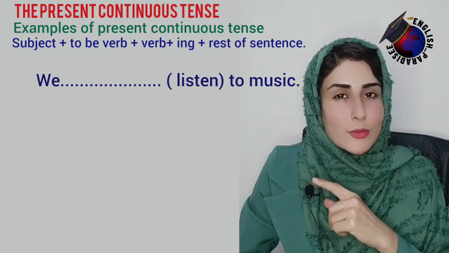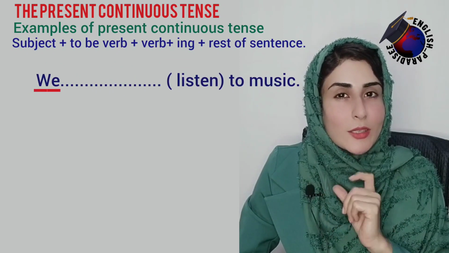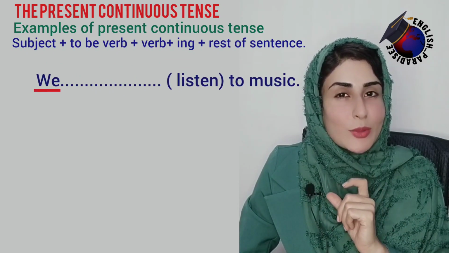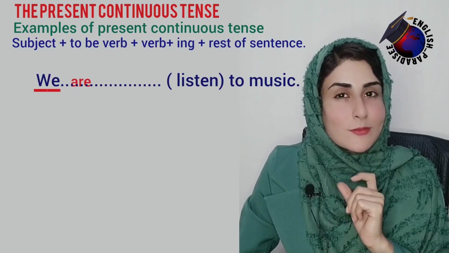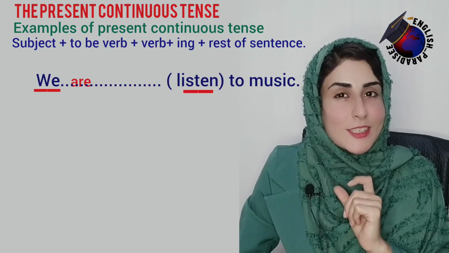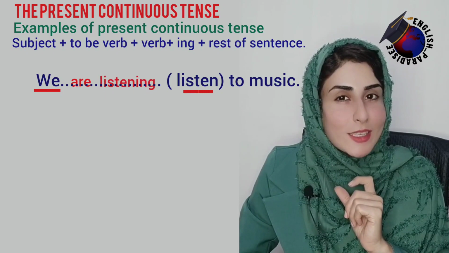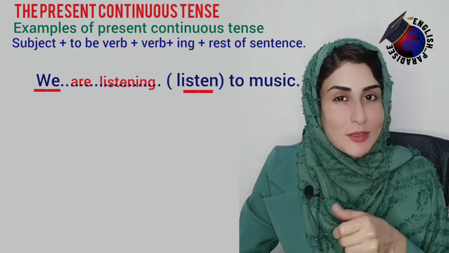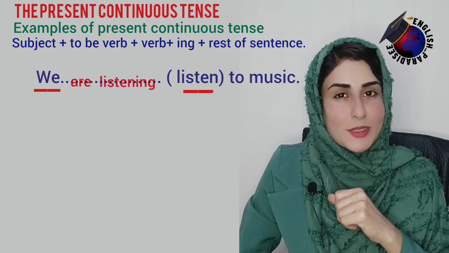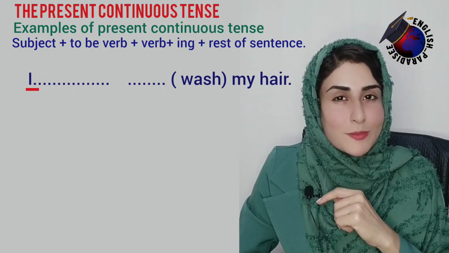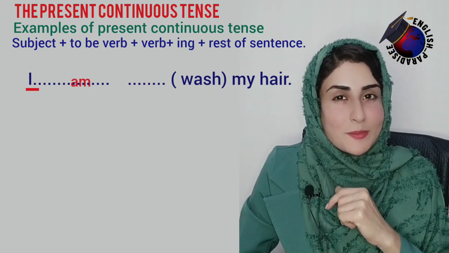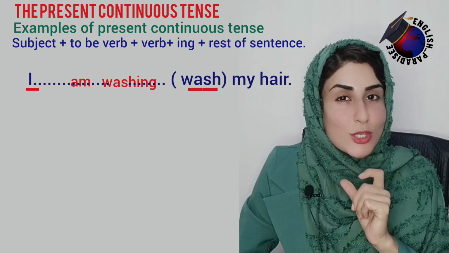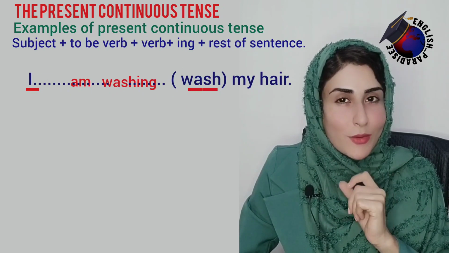And the next one, we. A to be verb, we are. Verb plus ing, we are listening. We are listening to music. Okay? Next one, I am. I am washing. I am washing my hair.